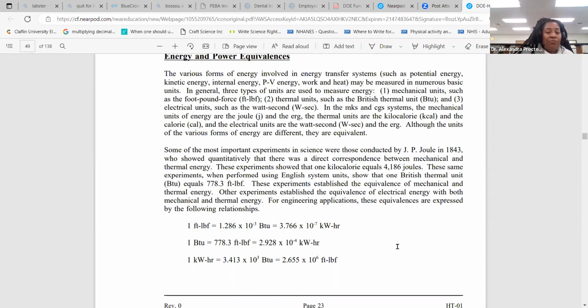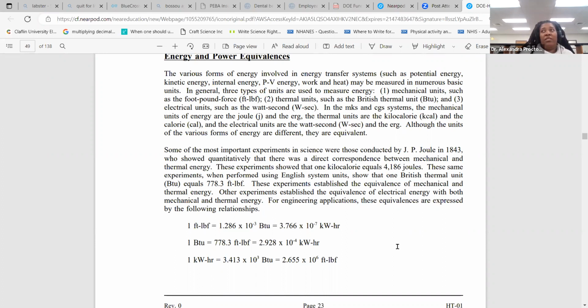A BTU is equal to 778.3 foot-pound force, and it's also equal to 2.928 times 10 to the minus 4 kilowatt-hour. And a kilowatt-hour is equal to 3.413 times 10 to the 3 BTU, and that's equal to 2.655 times 10 to the 6 foot-pound force.